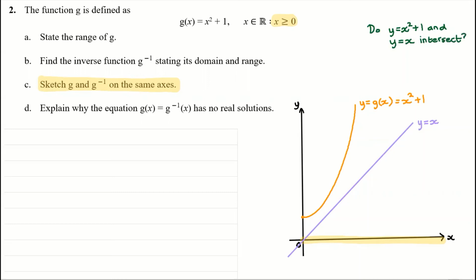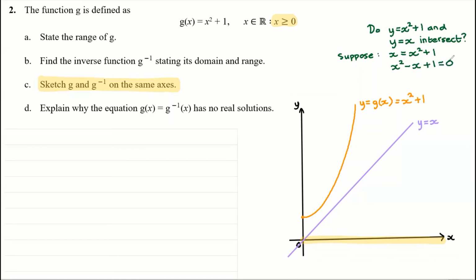How would you determine that? Well, you would set up an equation. So you would have to solve this equation. x is equal to x squared plus 1. Okay, and then form a quadratic, so you would have x squared subtract x plus 1 equals 0.